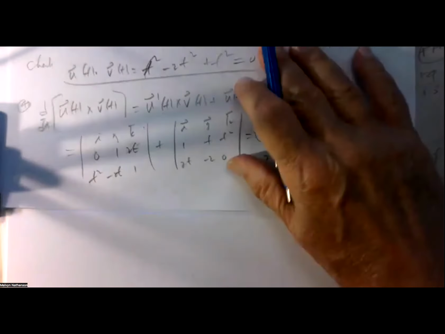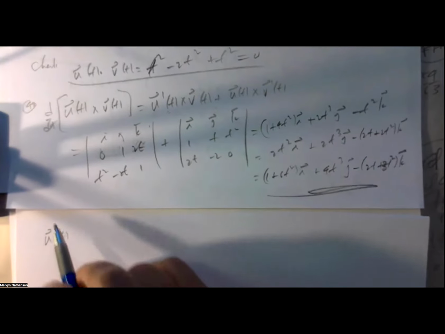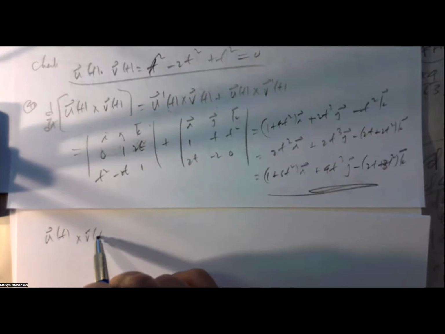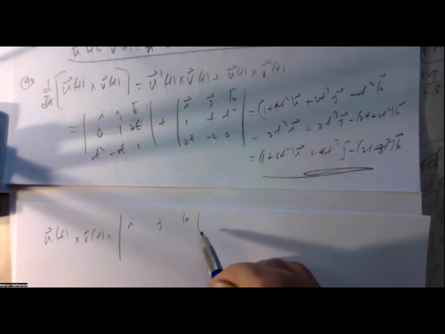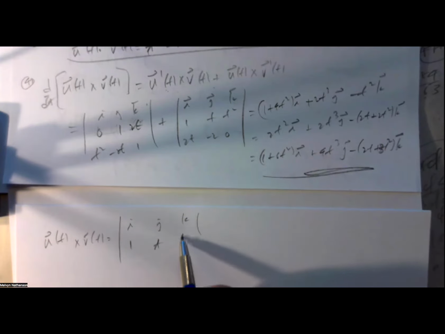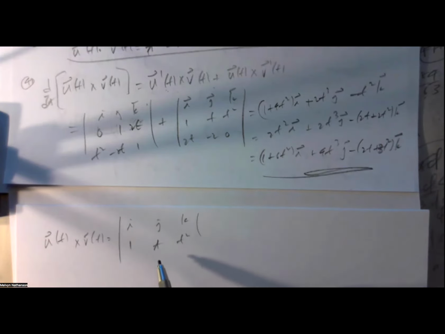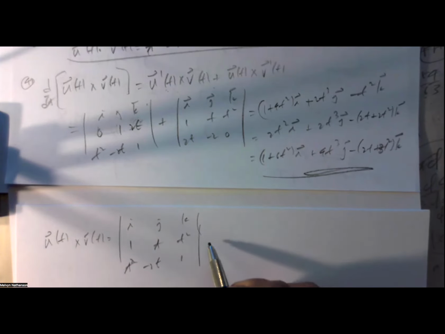Now we compute the cross product and then differentiate. So u of t cross v of t. So this is i, j, k. u is the vector valued function 1, t, t squared. v is the vector valued function t squared, minus 2t, 1.